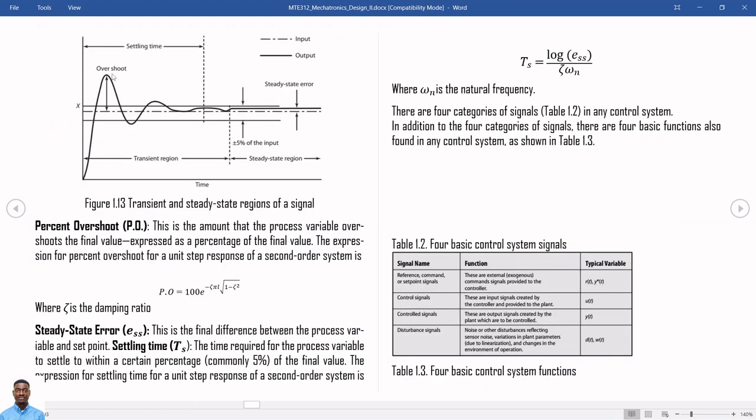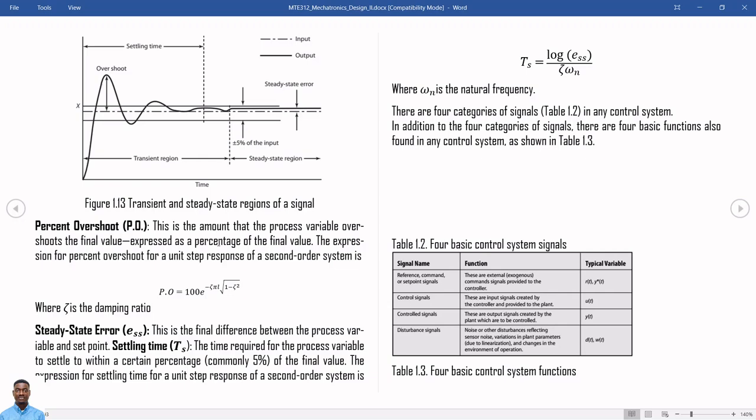Then also we have what we call overshoot. This is what we see here. The overshoot of your signal is the difference between the highest peak of your signal, the output, and the input signal to the system. The percent overshoot, PO, is the amount that the process variable overshoots the final value, expressed as a percentage of the final value.